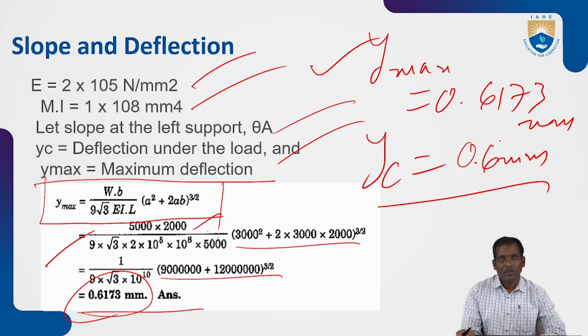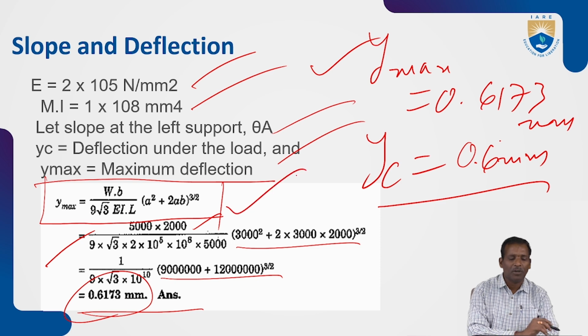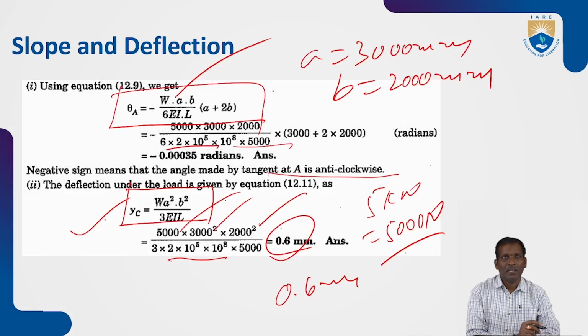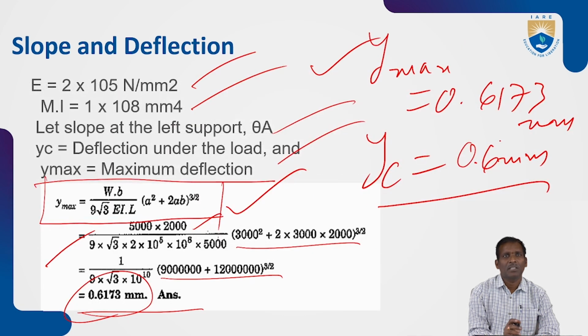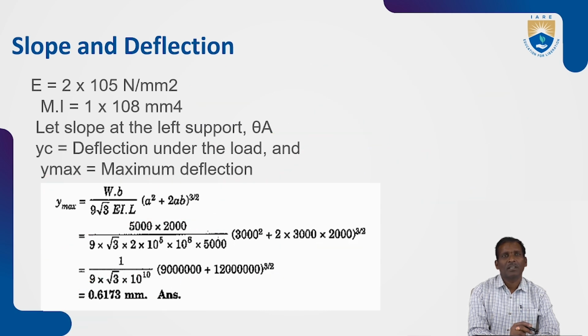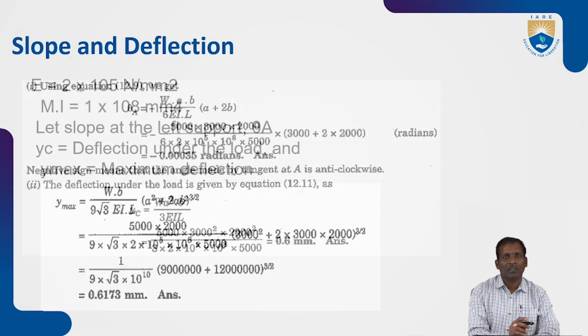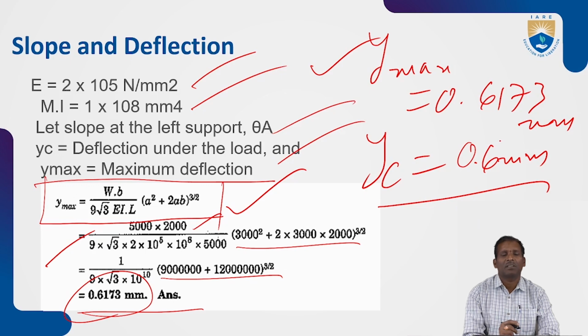Okay, so you need to remember this formula for the maximum deflection of a simply supported beam. But the deflection under the load is W A square B square by 3EIL. So only the difference is here, the maximum, and here, the normal deflection.